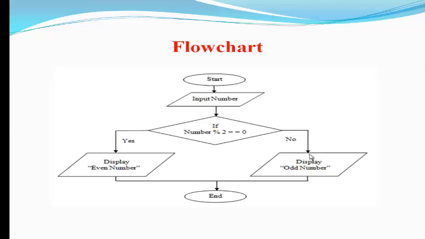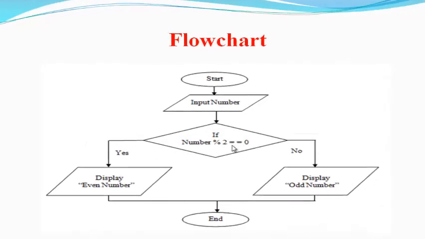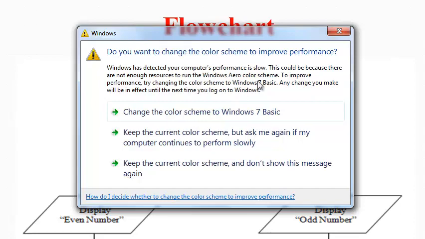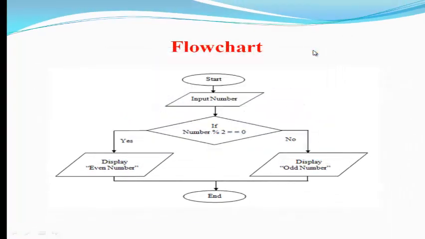For example, if we enter the number 10, then 10 divided by 2, the remainder is 0, that's why 10 is an even number. In the same way, consider 15 divided by 2, the remainder is 1, that's why it prints the message odd number.